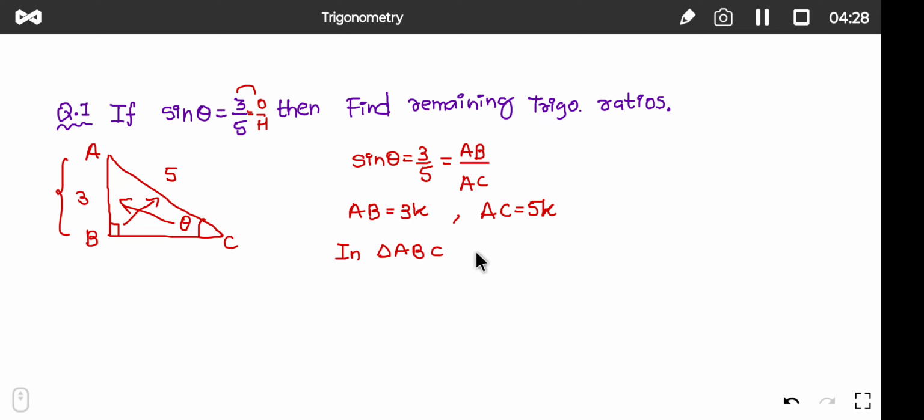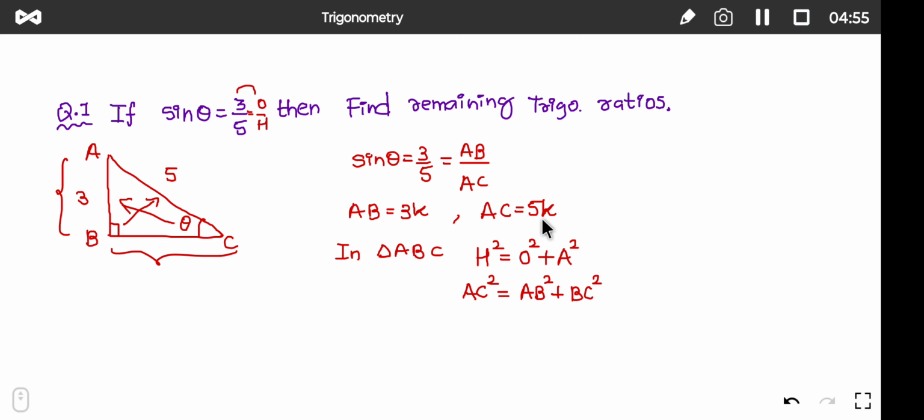The square of the hypotenuse is equal to the square of the opposite plus the square of the adjacent. In this triangle the hypotenuse is AC, so AC square is equal to the opposite side, or we can say the height, which is AB, so AB square plus the adjacent, which here is BC, so BC square.